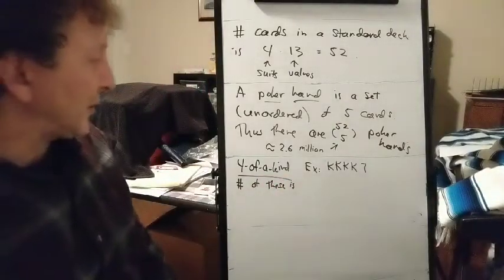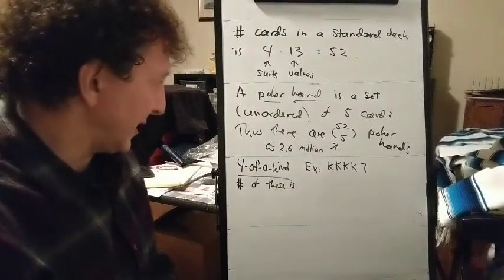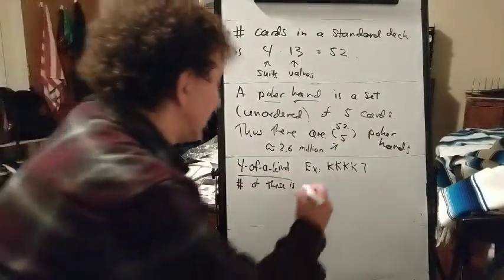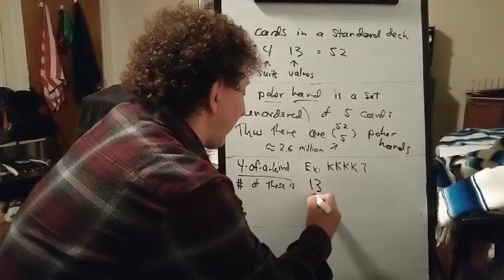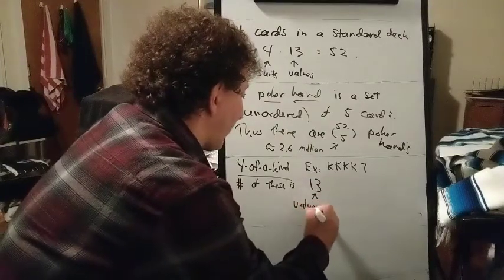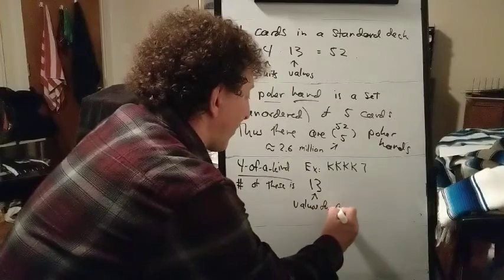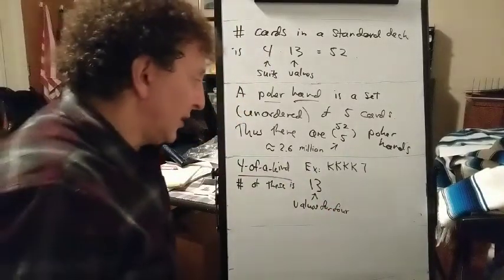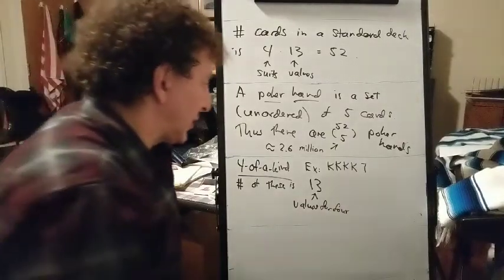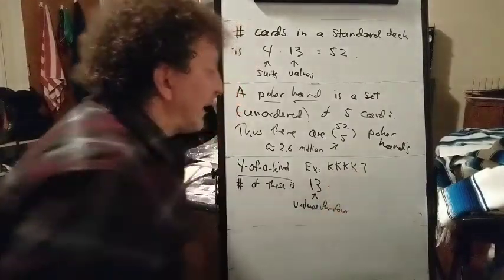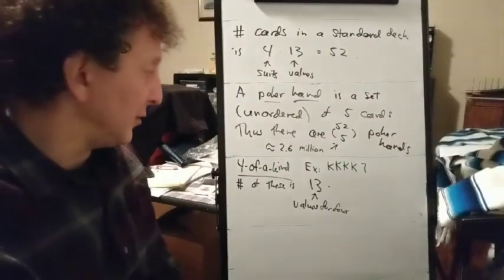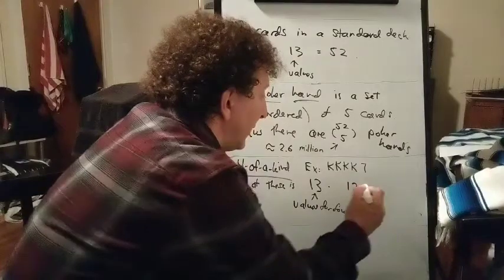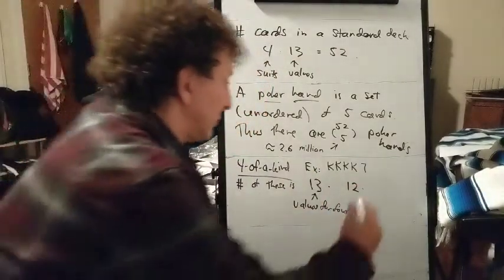So in how many different ways could we have a poker hand which is 4 of a kind? There's 13 different values for what those 4 could be. We have to have all 4 suits, so there's nothing to choose in terms of suits. And then this last card has one of the other 12 values, and it can have one of 4 suits.